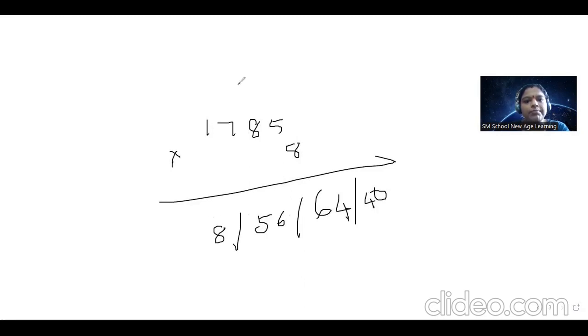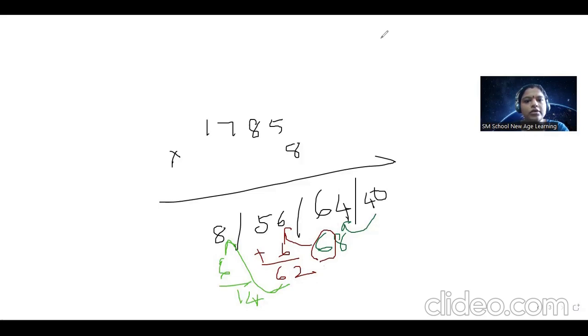Now, using the thumb rule method, this 4 becomes a carryover to the 64. So you add this 4 to the 64, this becomes 68. Now, using your thumb rule method again, this 6 becomes a carryover to this 56. So adding 6 with 56 gives you 62. Next. Now this 6 becomes the carryover to this 8. So it becomes 8 plus 6 is 14.